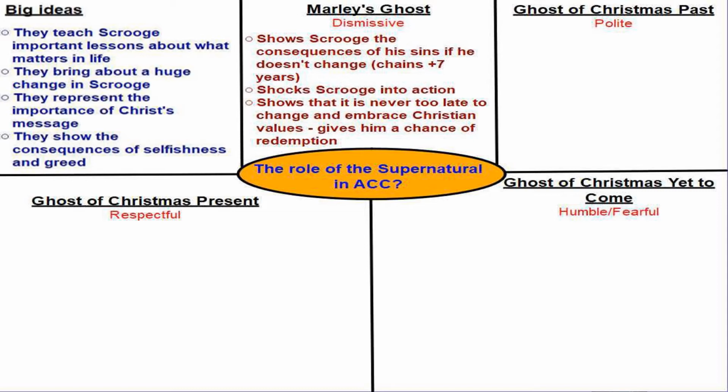They are a metaphor. He has to drag these chains around, and he tells Scrooge that if he doesn't change his ways, he will have chains as long as this, plus 7 years worth of sin. So that's a really important thing, to shock Scrooge and to make Scrooge realise that something needs to happen. So that's the second bullet point there, shocking Scrooge into action.